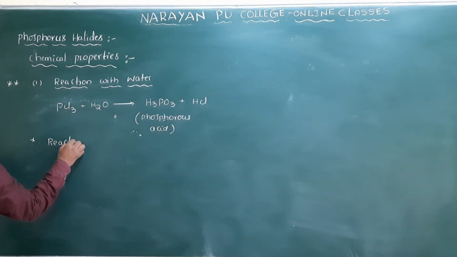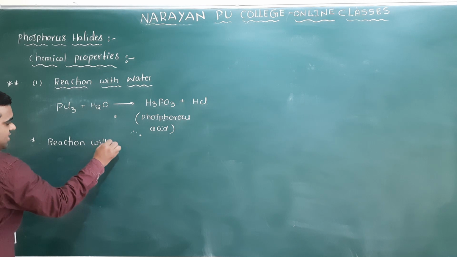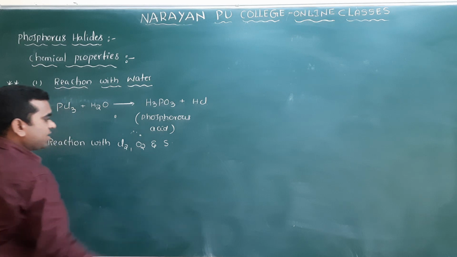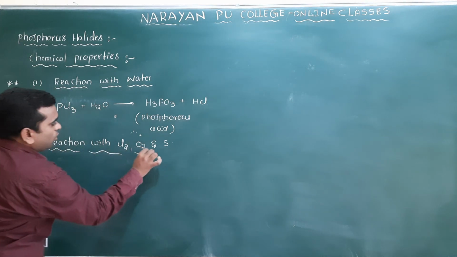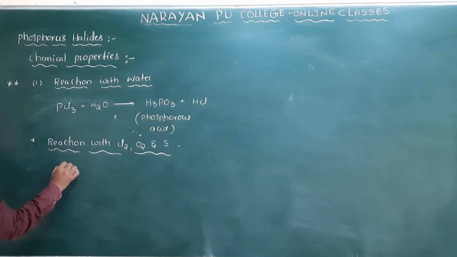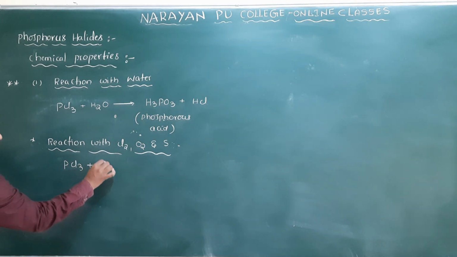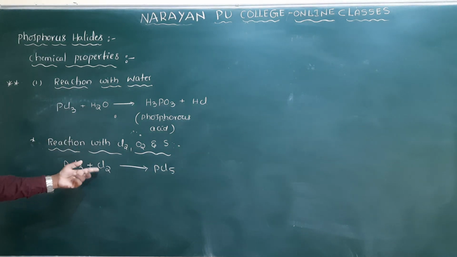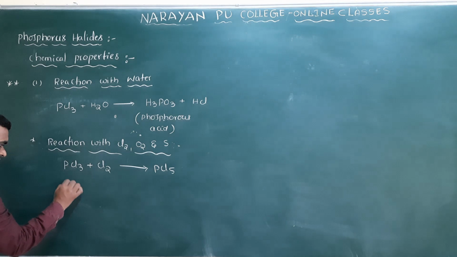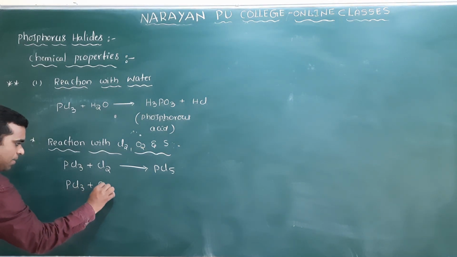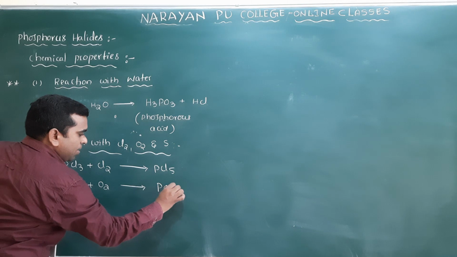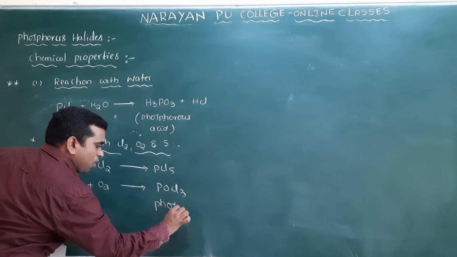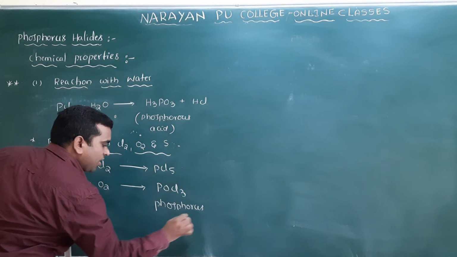Reaction with chlorine, oxygen and sulfur. First, when PCl3 reacts with chlorine, you will get PCl5: PCl3 plus Cl2 gives PCl5. Next, treat it with oxygen: PCl3 plus oxygen gives POCl3, phosphorus oxychloride.